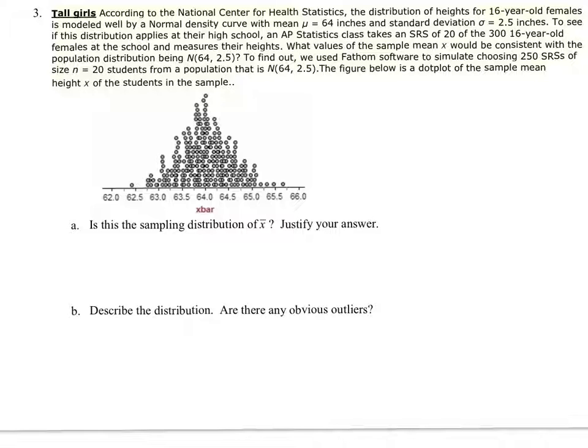So, if we look at this problem, they use the Fathom software to simulate choosing 250 SRSs. So that is not all possible samples from the population. So the answer to this is no. Remember that a sampling distribution has to include every possible sample, so it has to have every possible outcome as a part of it.